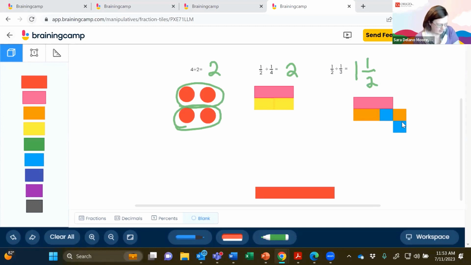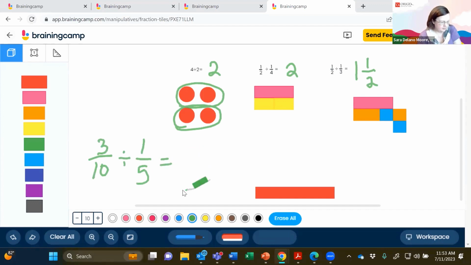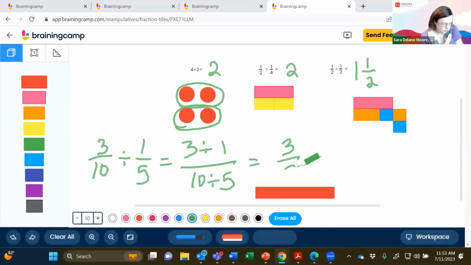What do I mean by divide across? Let's see. 3/10. I'm going to choose friendly numbers here. Divided by 1/5. Divide across means 3 divided by 1 over 10 divided by 5, so there are 1.5 1/5s in 3/10. So let's look at that.